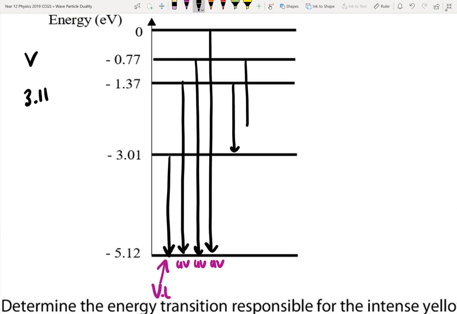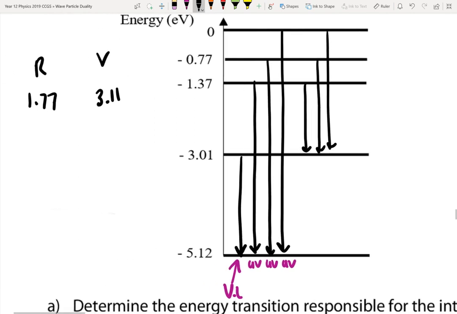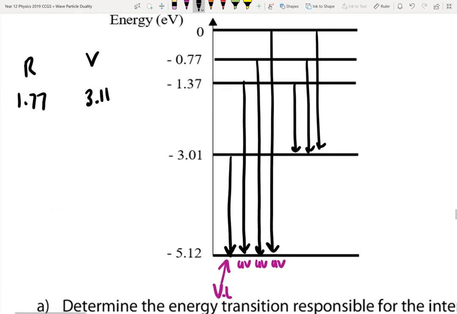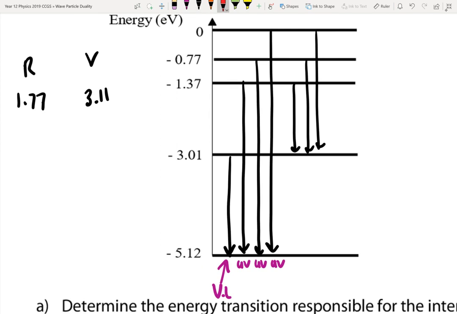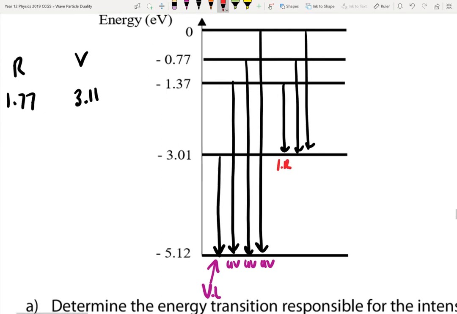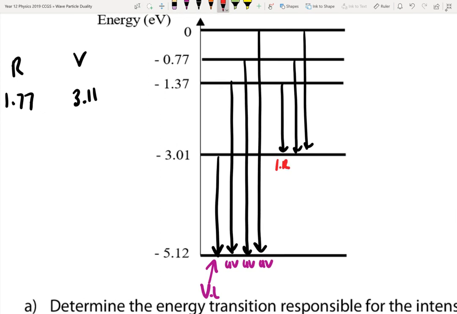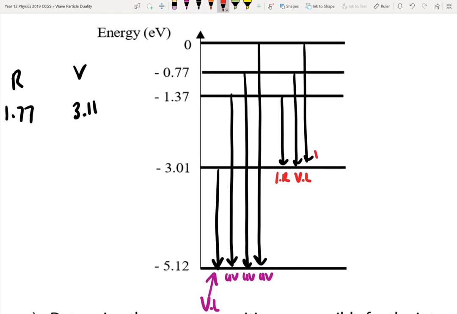What about these boys? That first one is 1.64. That's infrared. The next one, visible. And then visible. Let's look at the last two.